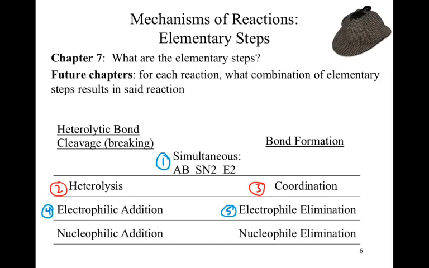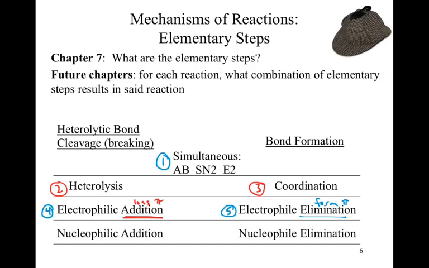An addition reaction means the loss of a pi bond, versus an elimination, which is the formation of a pi bond. How the loss or formation of the pi bond occurs determines whether we're looking at electrophile versus nucleophile.